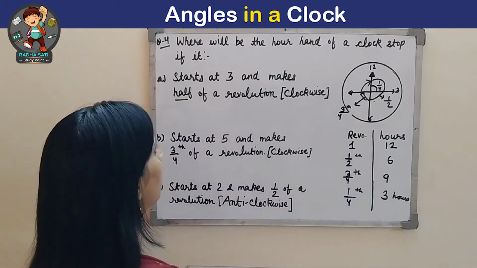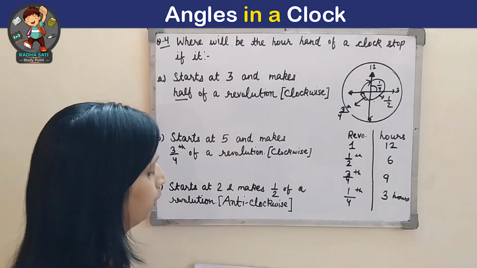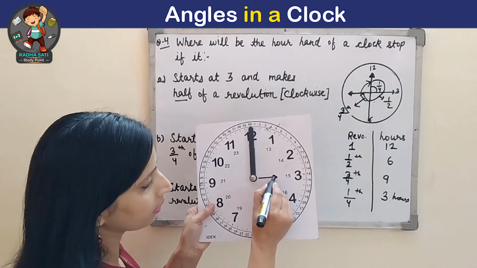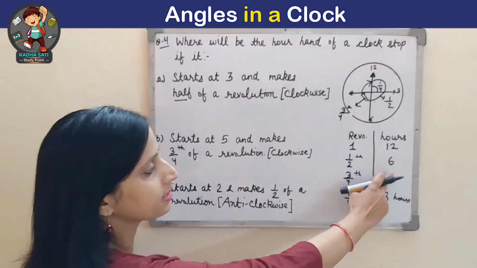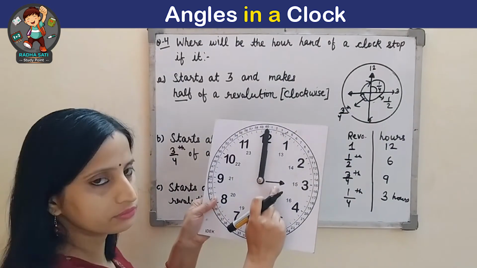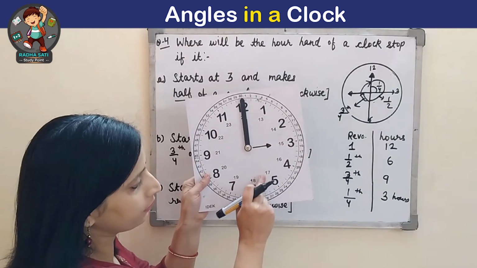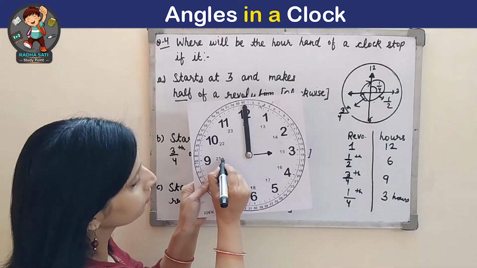Okay. Now if our hour hand starts from 3, from here, and makes half of a revolution, half means 6 hours. So after 3, we will move 6 hours. 4, 5, 6, 7, 8, 9.